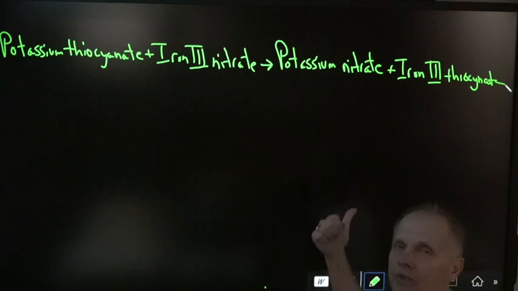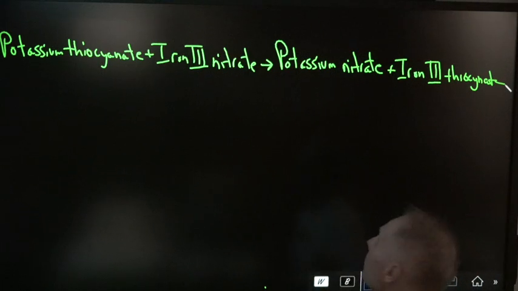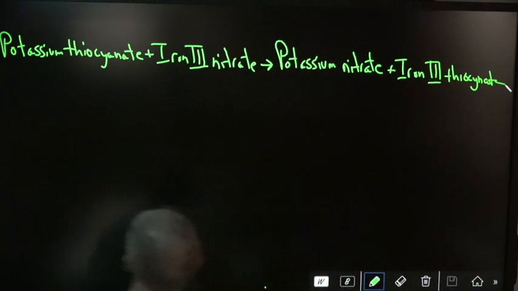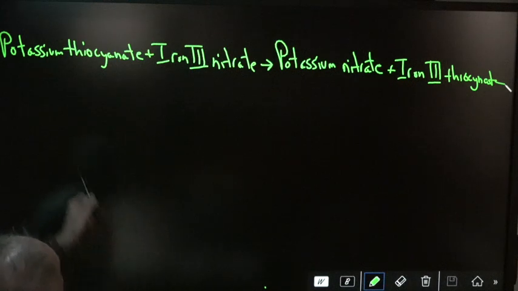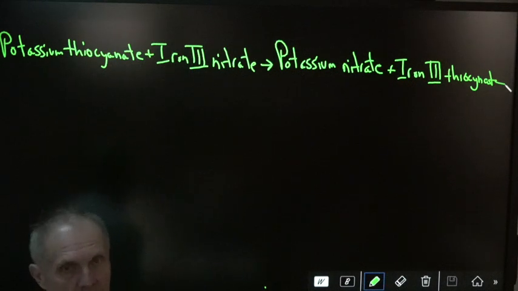Sorry, thiocyanate wouldn't fit, so I kind of misspelled it. Now, those are the word products. The next thing we got to do is we have to find the chemical formulas.